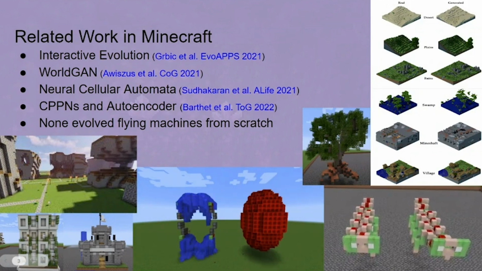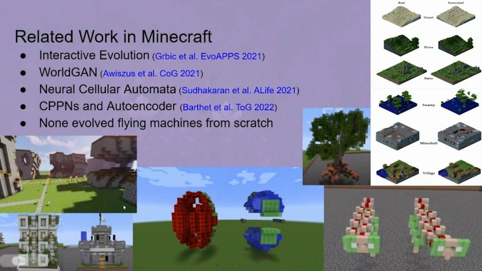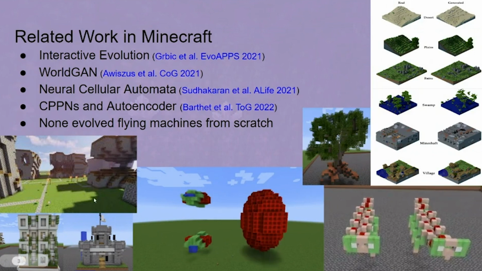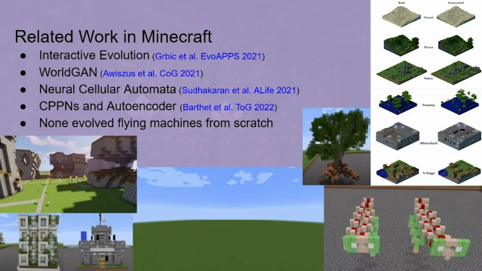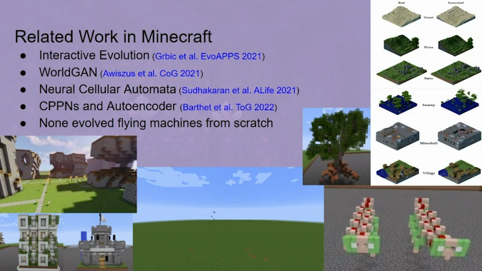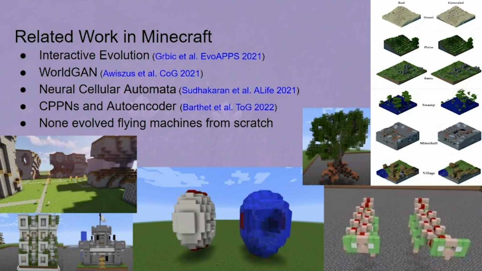Now, one thing I want to mention is that even though some created structures from scratch, like this one right here, the CPPNs and autoencoders were not able to generate any flying machines. They only generated static structures. And those that used the other approaches were able to generate flying structures as well as static structures. However, they were taking in human input, like human-made structures, and were not able to do any of this from scratch, which is where our approach differs.